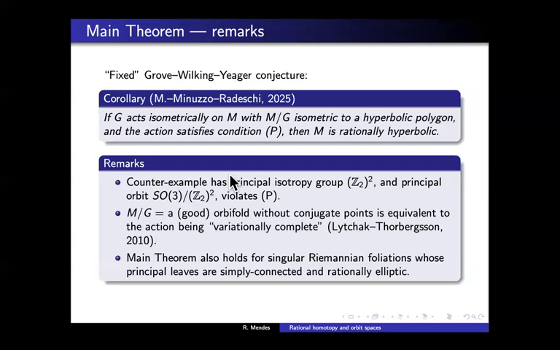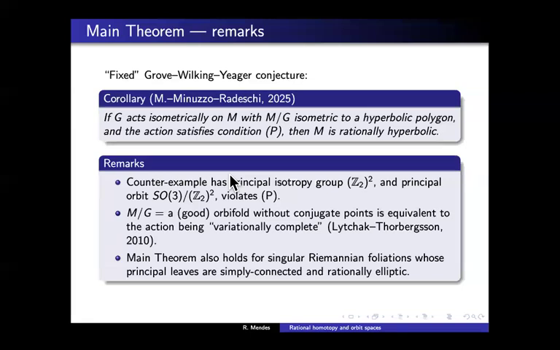And the other thing is, in this whole talk I'm just talking about group actions, but in fact the theorem holds more generally for singular foliations. There it doesn't make sense to talk about the principal isotropy group, so this condition P needs to be a condition on the principal leaves.